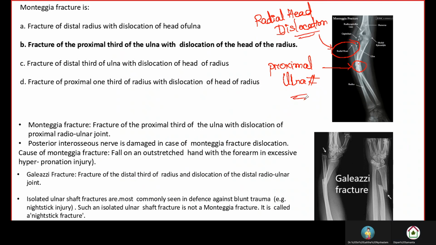So this is a combination, Monteggia. Two things have to be there: proximal ulnar fracture and radial head dislocation.